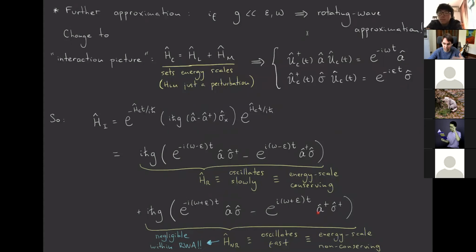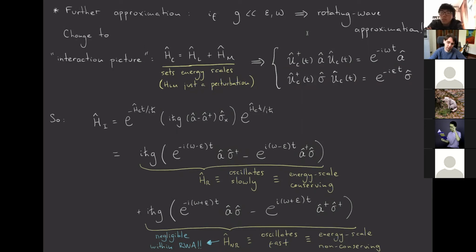Or the weirdest one, let's say, is the same kind of term, but even weirder to think about: the atom suddenly and spontaneously gets excited and at the same time emits a photon, which, from the point of view of energy conservation that we have in mind, doesn't make any sense.